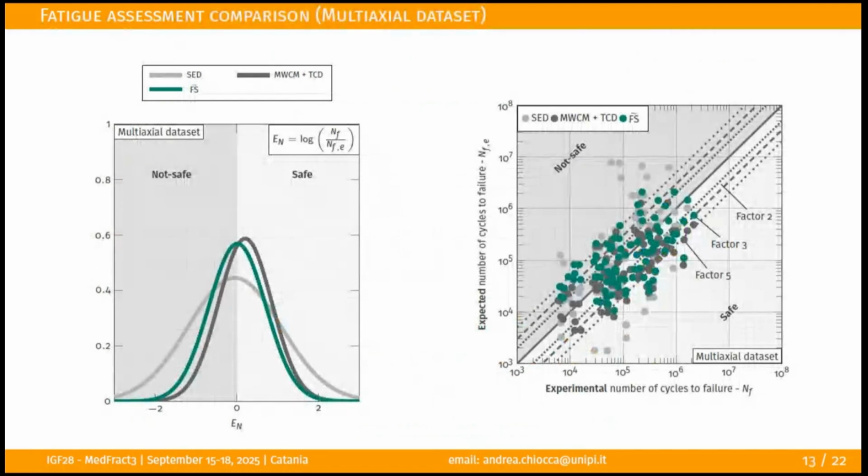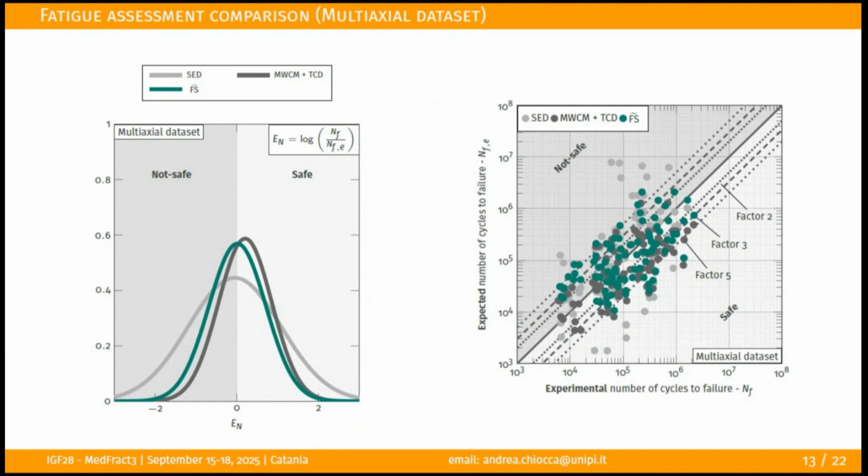Here we can see the expected versus the experimental number of cycles to failure. If we hypothesize that these points are normally distributed, then you can easily define a distribution of an error function. We can define it as the logarithmic ratio of the experimental number of cycles to failure and the expected number of cycles to failure.